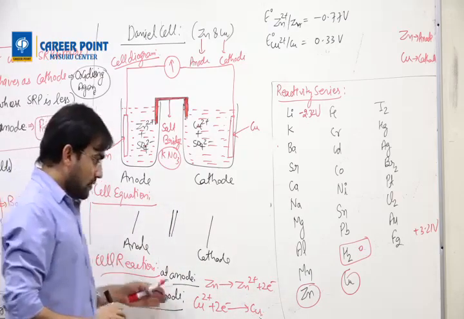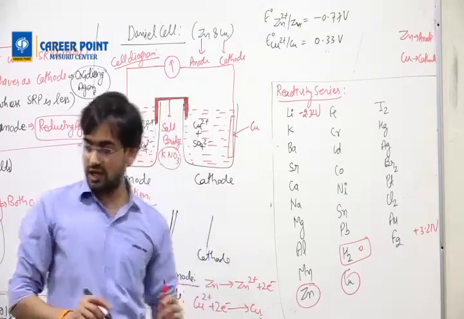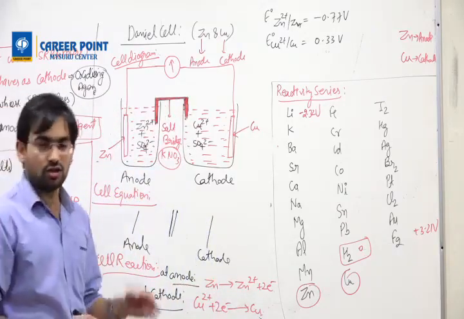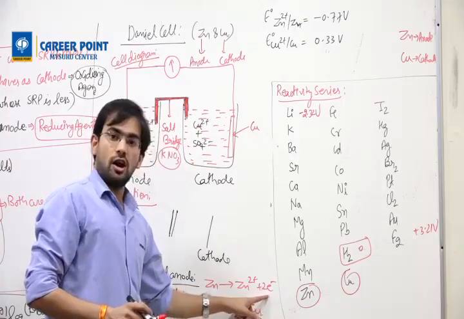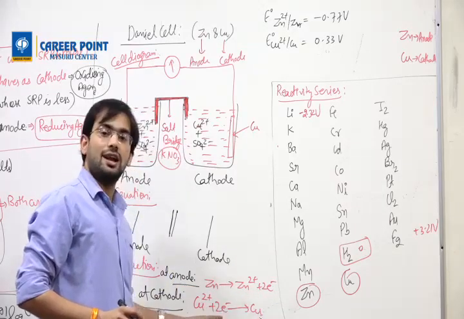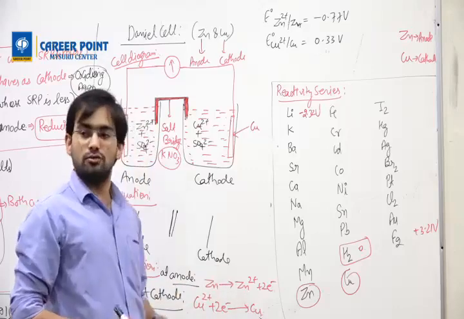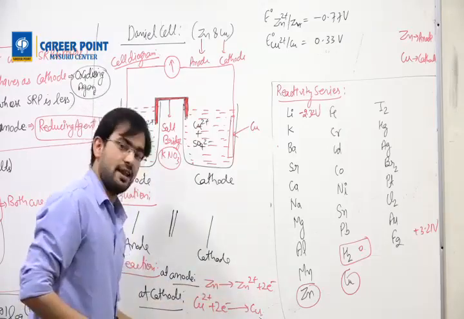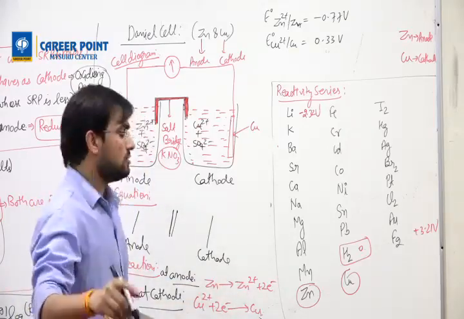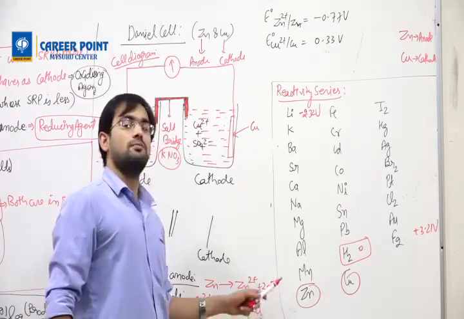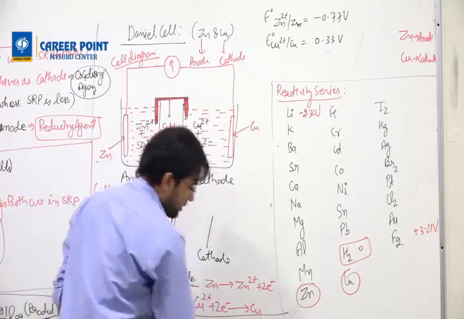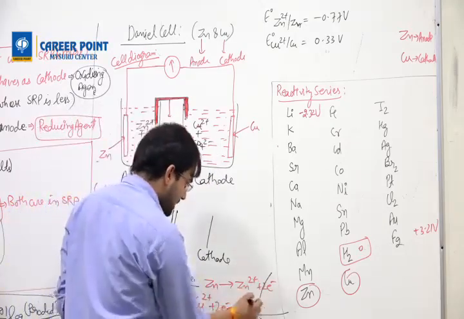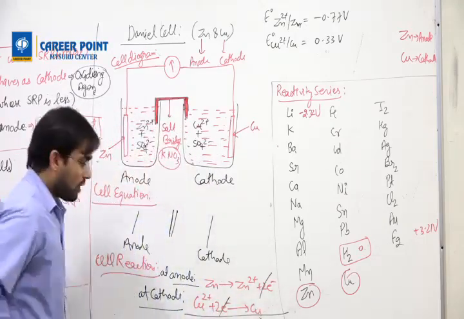Now this works on the principle of redox reaction. In the redox reaction I have also taught you that electron loss must be equal to electron gain. Both must be equal. Right now they are equal. If they are not equal, you will multiply by a suitable value so that they become equal. Right now they are equal, so when I add them, they will cancel. What will I write here?